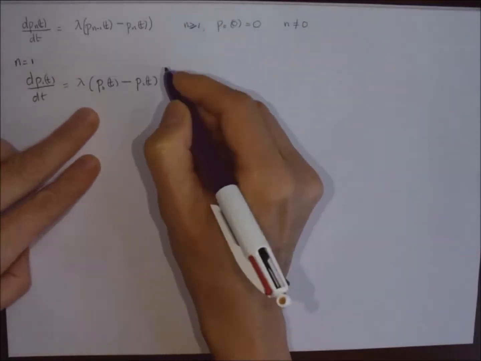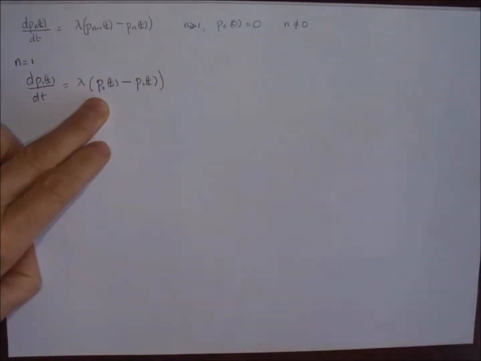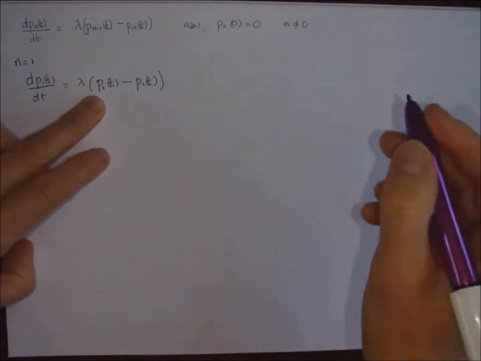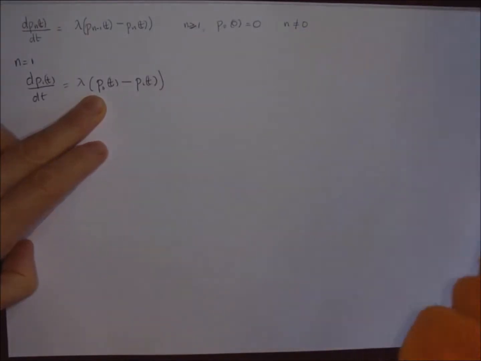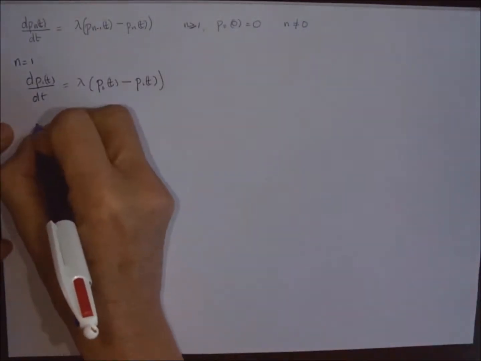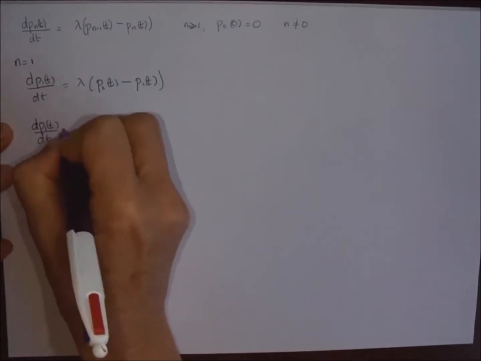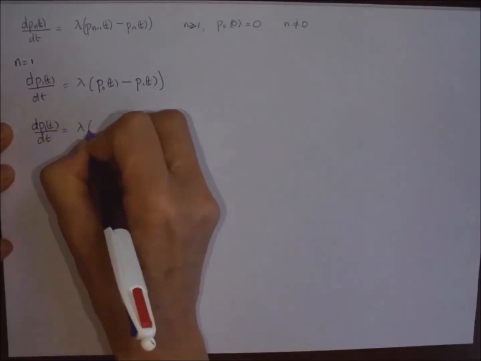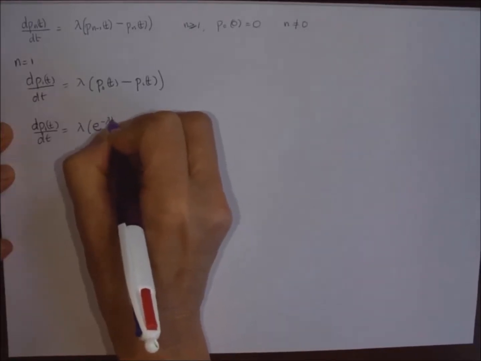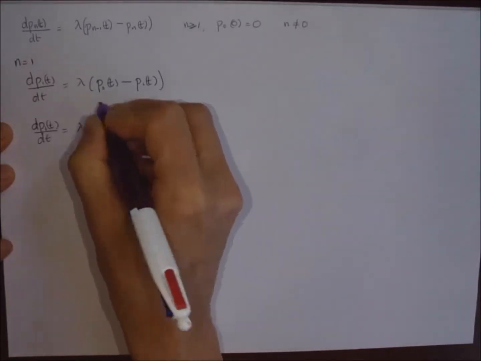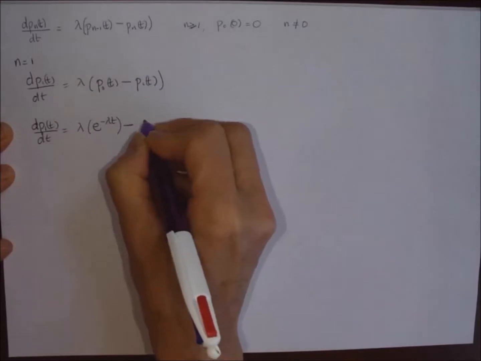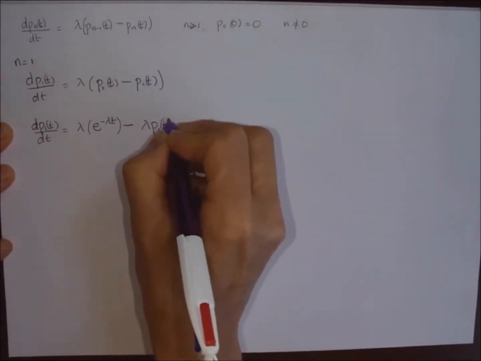Okay, but we know what p0 of t is, we just found it there now. p0 of t equals e to the minus lambda t. So we can put this in, dp1 of t dt equals lambda times e to the minus lambda t, and multiply this out, minus lambda p1 of t.